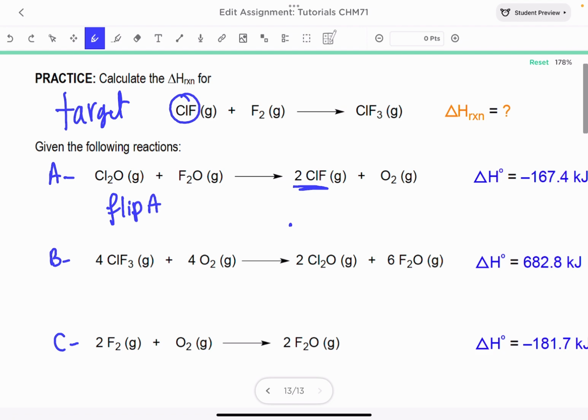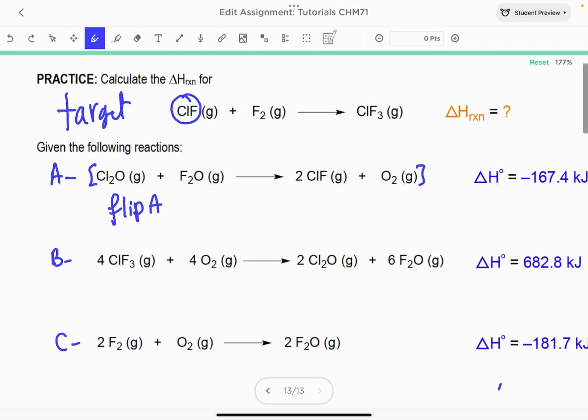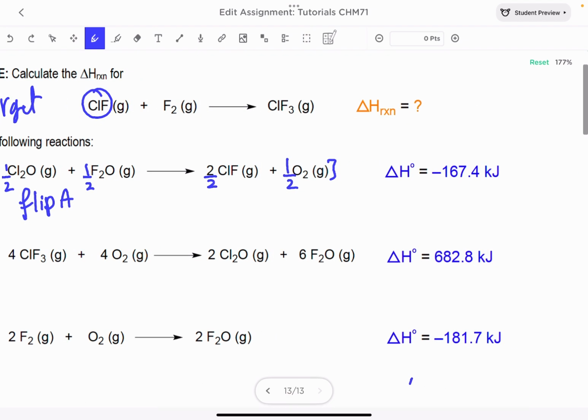Not just only that, I need to get rid of this 2, which means I need to divide all of equation A by 2. So this becomes half if it's divided by 2. This over 2 becomes 1, half, and half over here. So how will this reflect on delta H?